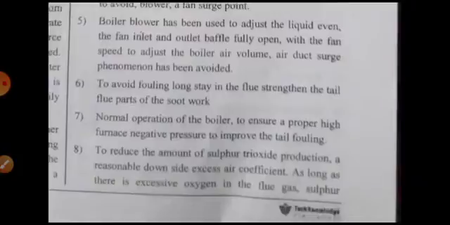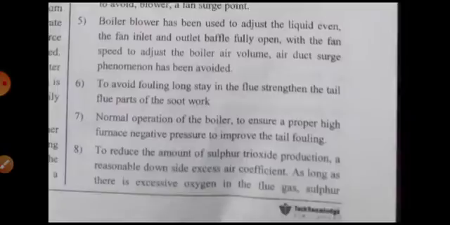The air duct surge phenomenon has been avoided. To avoid fouling staying long in the flue, strengthen the tail flue soot work. In normal operation of the boiler, ensure a proper furnace negative pressure to improve the tail fouling.